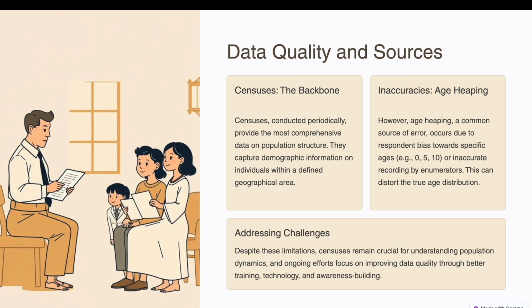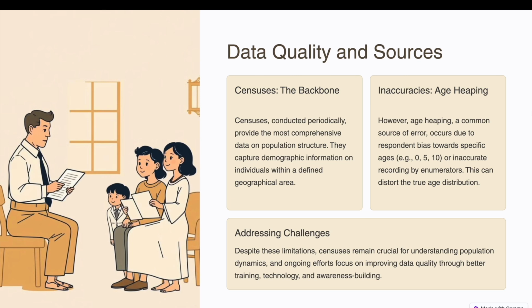Imagine a line graph. Ages like 10, 15, 20, 25, and so on create noticeable peaks, while ages like 12, 13, or 17 don't stand out. This pattern, called age heaping, reflects how people often approximate their age during surveys.